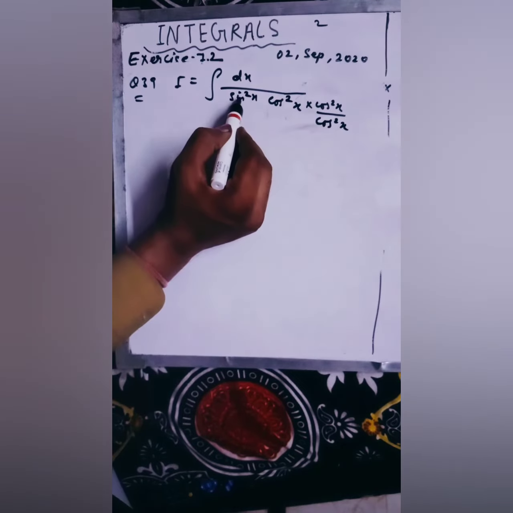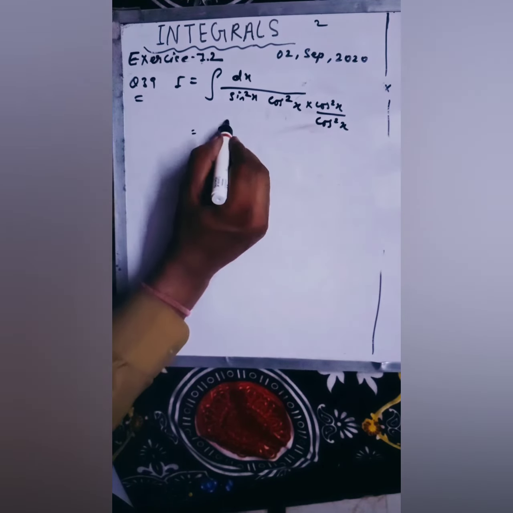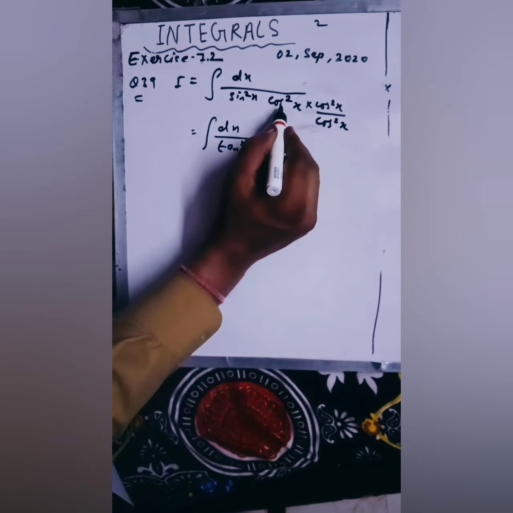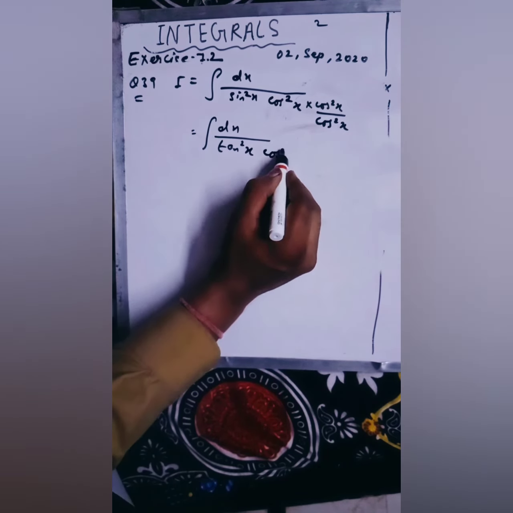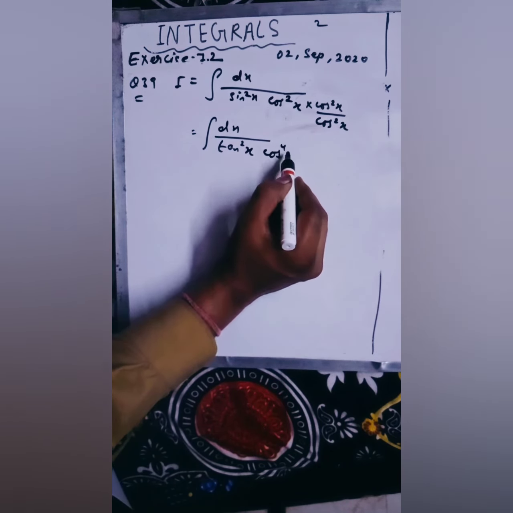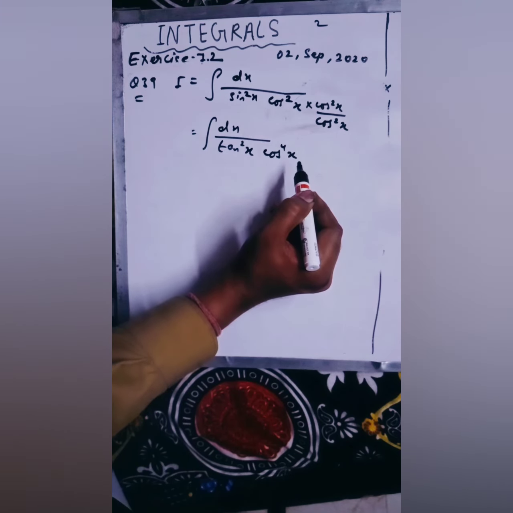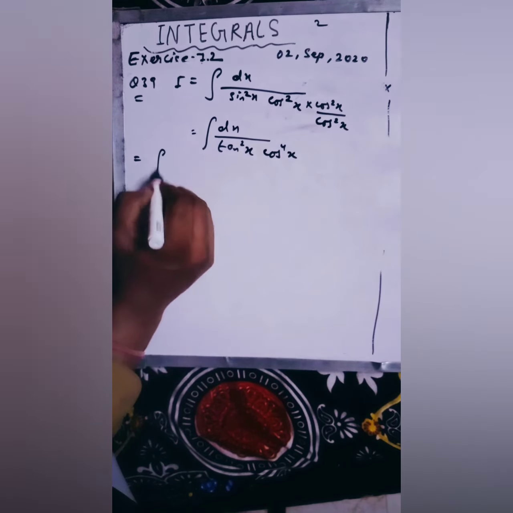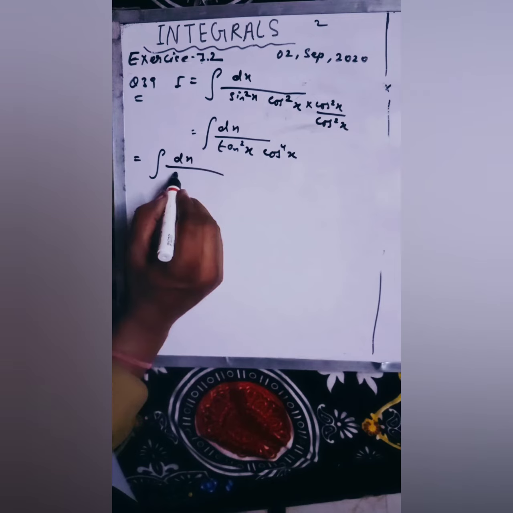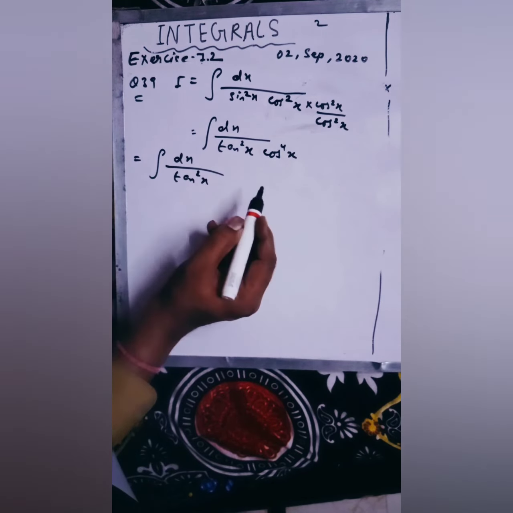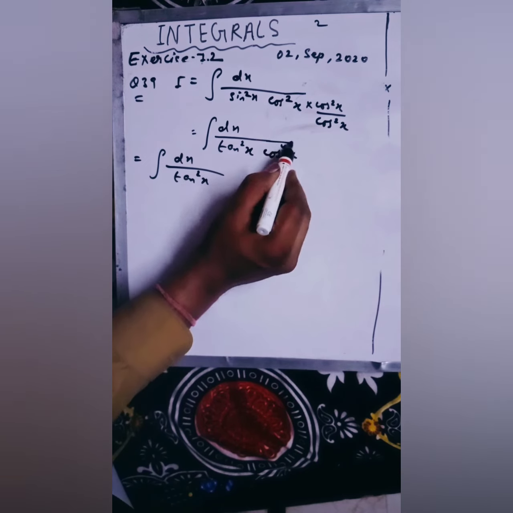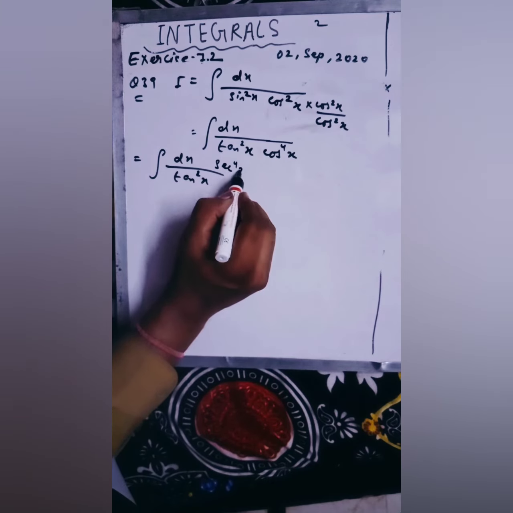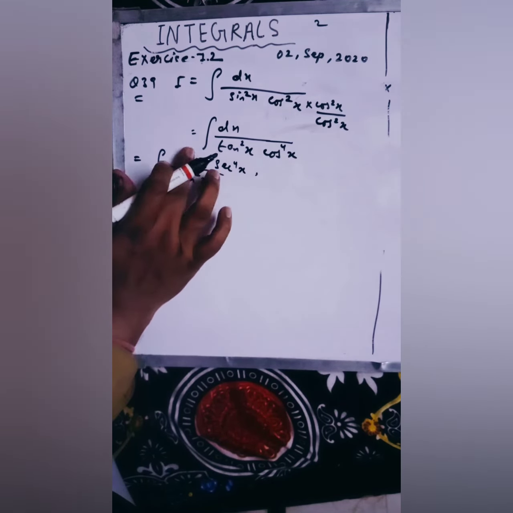So this sin square x over cos square x would make tan square x, and this cos square into cos square would be cos raised to the power 4 x. Okay, now this dx over tan square x, or 1 by cos square x, it is in the denominator, so 1 by cos raised to power 4 x will be sec raised to power 4 x, and this dx I'm showing here.